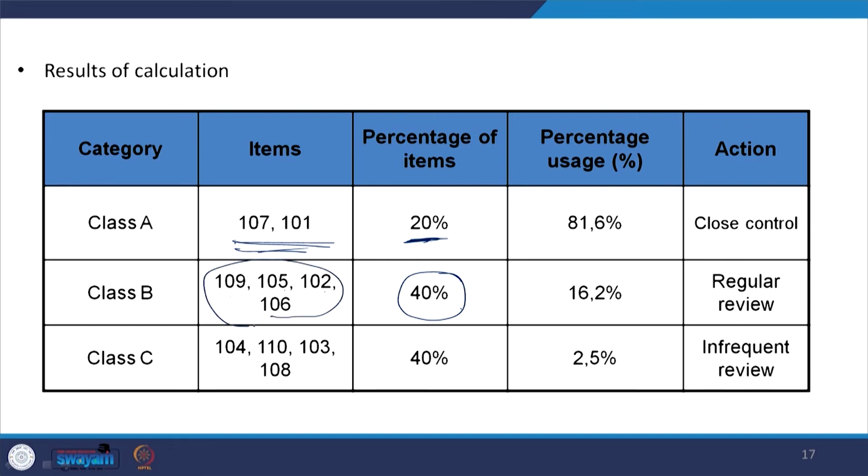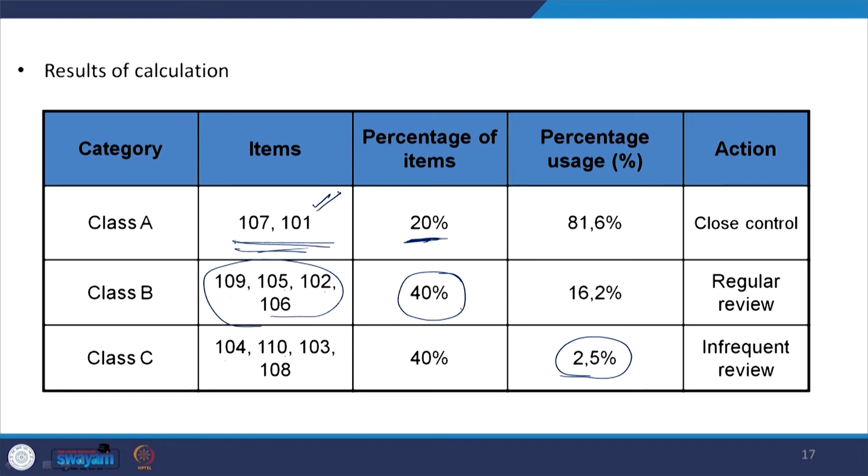These 4 items are now B type of items, and the remaining items are C type of items, which are only taking 2.5% of my total inventory value. So, these are 104, 110, and the last 4 items fall under the C category. So, you can see now that out of 10 items the maximum efforts are required for only these 2 items, because they are taking 80% of my uses.